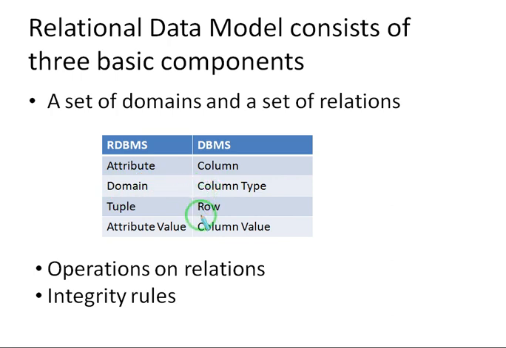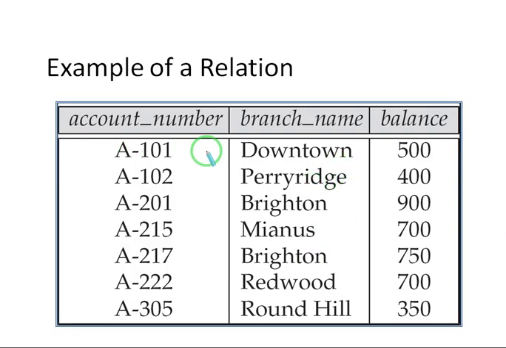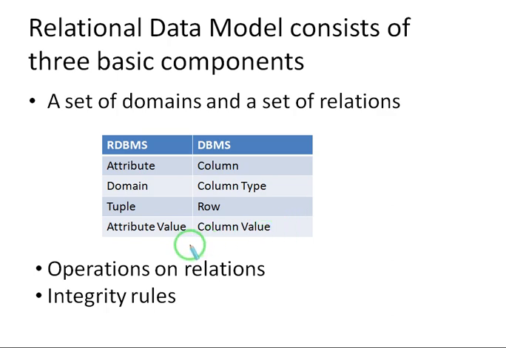Now, row. In DBMS, we refer to it as a row, and in RDBMS, we term a row as a tuple. Now, a column value is termed an attribute value. See here, for tuple 1, the branch name column value is downtown. This is termed an attribute value in an RDBMS.